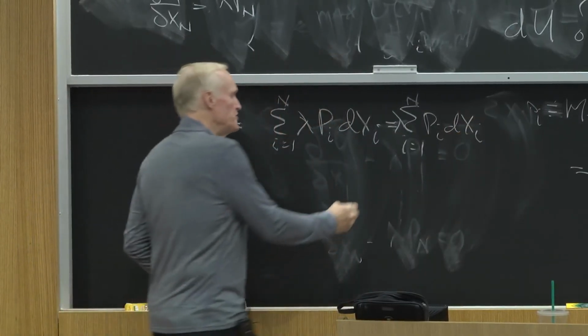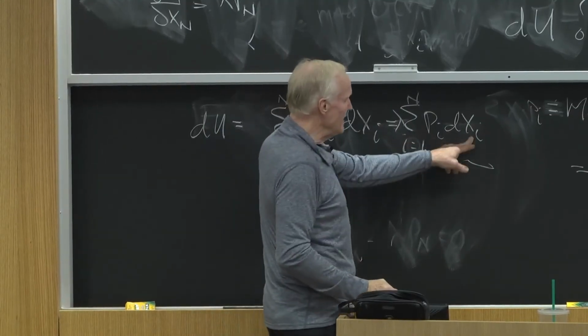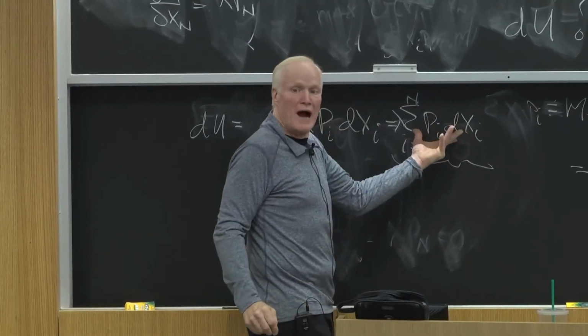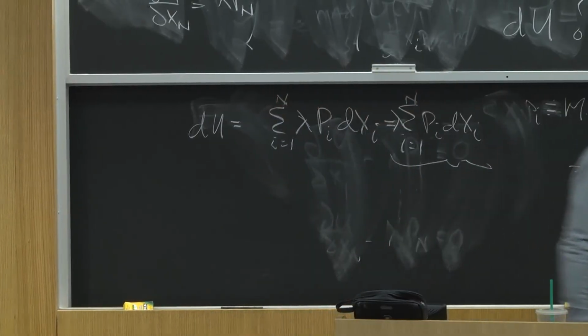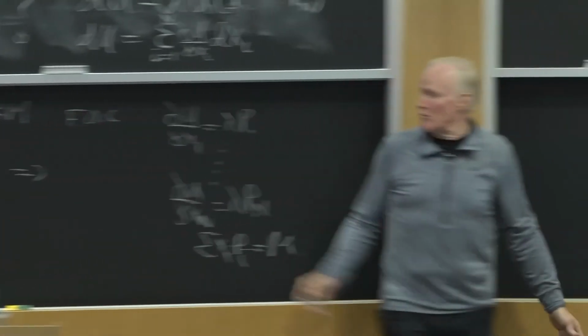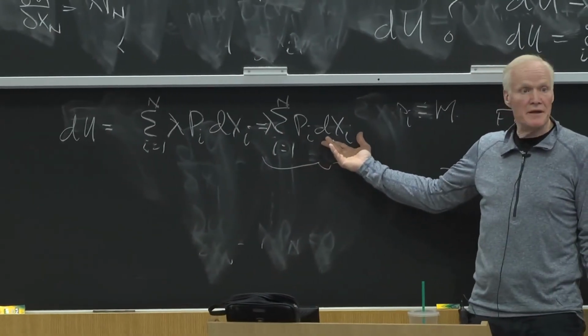And the key notion is that the sum of pi dxi is an observable quantity. It's something I can measure. I know the prices. I know the changes in consumption.